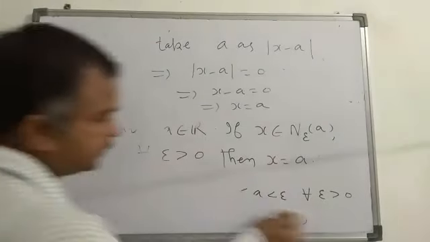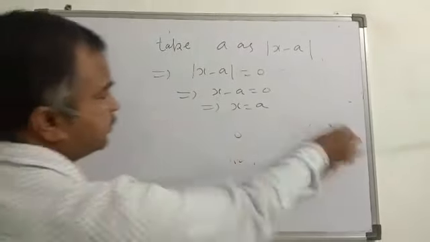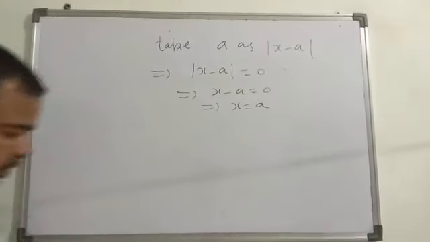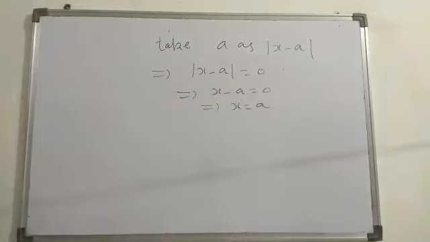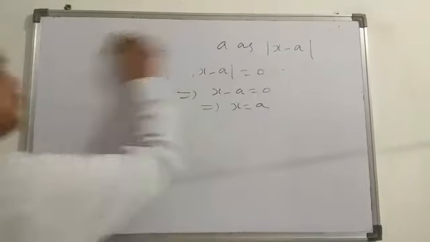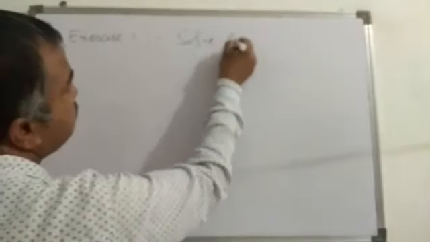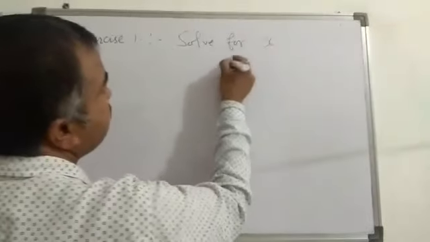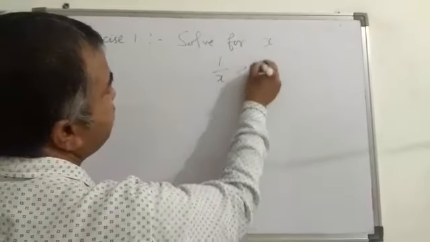Next, there are some exercises depending upon these properties of real numbers. So first exercise, solve for x: 1 over x greater than x.